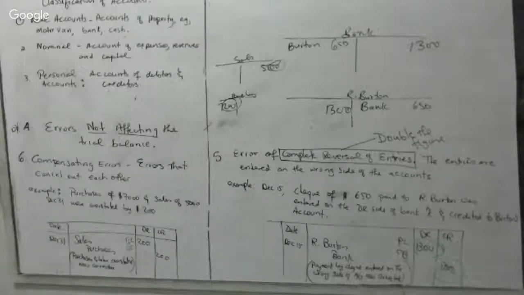Each month it is $800 and 30 on the debit side and credit side. This is the reverse, so you double the figure, right? Each month will be debit.